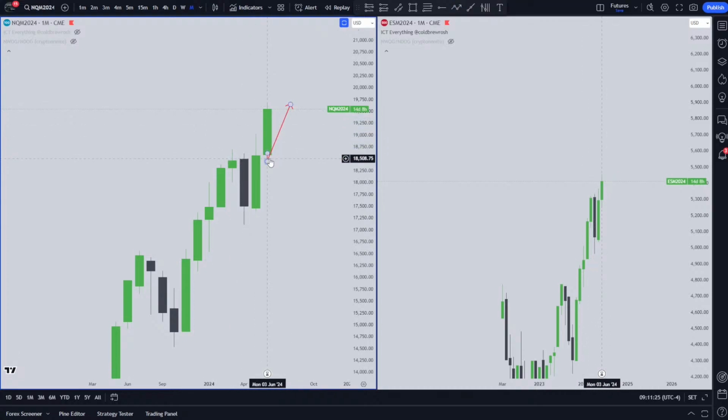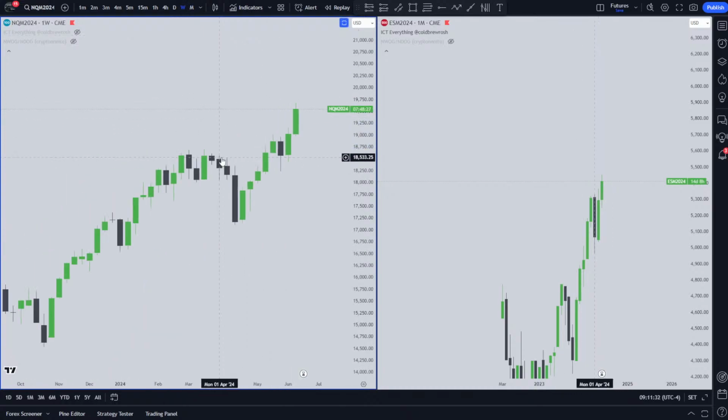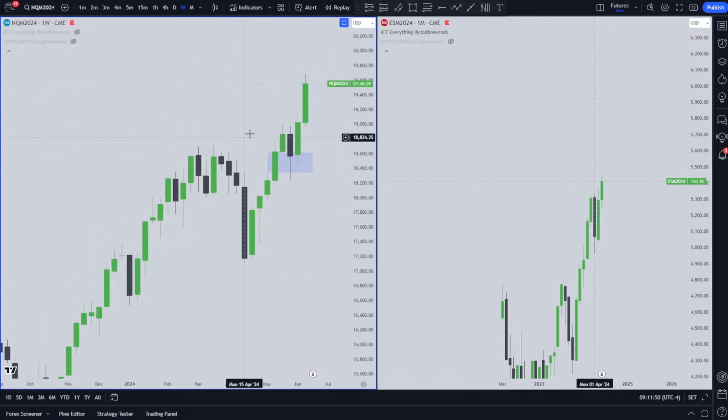So let's keep this in mind, and I'll show you what the weekly looks like in this same range. So remember the monthly was here. Now for the weekly, we've got a very similar pattern. We've got our order blocks here. We go higher, and we're reacting from an overlapping PD array zone.